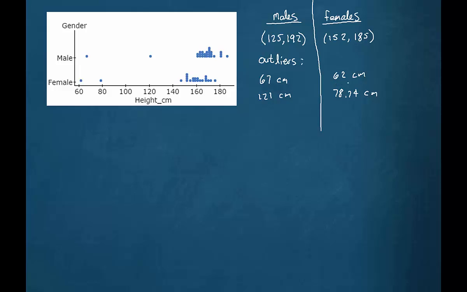So let's think for a second about the measure 62 centimeters. If we were to convert this to inches and then feet, we would find that that measure is approximately 2 feet. 78.74 centimeters would be approximately 2 feet 7 inches. A quick search of the internet finds that the smallest woman in the world is just under 2 feet tall.